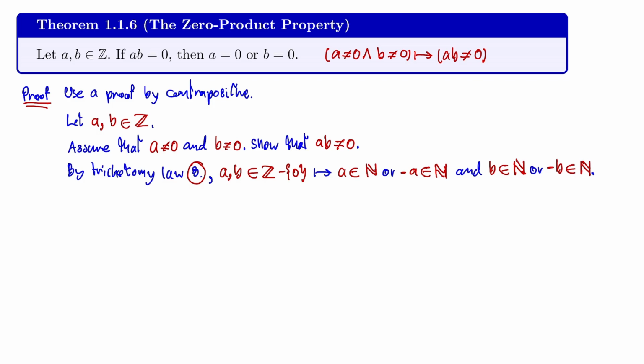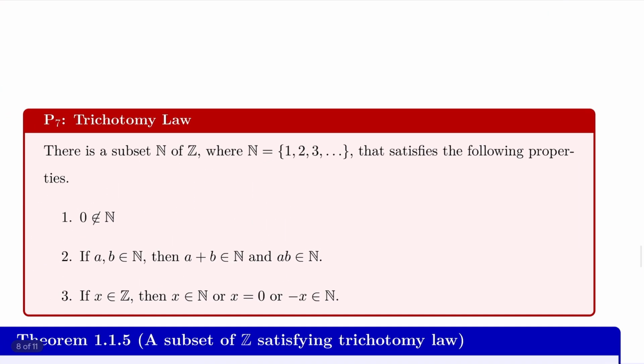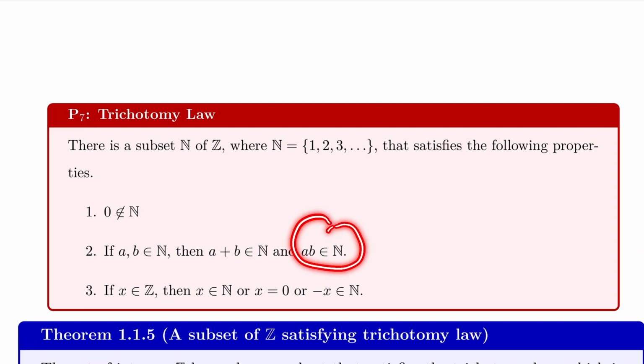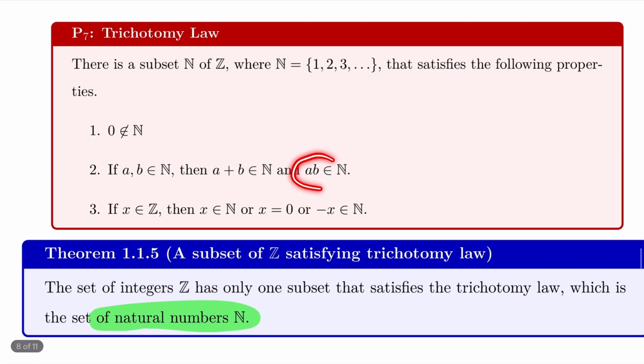What can we do next? We use the trichotomy law again, the second one, and use the product rule here. If you pick two natural numbers, the product of those natural numbers is still a natural number.